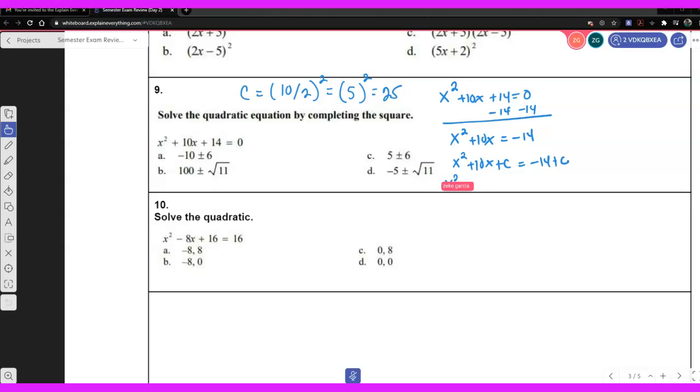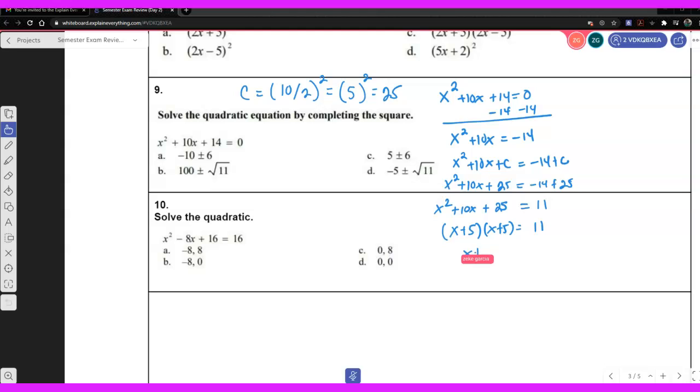So we have x squared plus 10x plus 25 is equal to negative 14 plus 25. 25 plus negative 14 gives you 11. And you have x squared plus 10x plus 25, which is x plus 5 times x plus 5, which gives you 11.